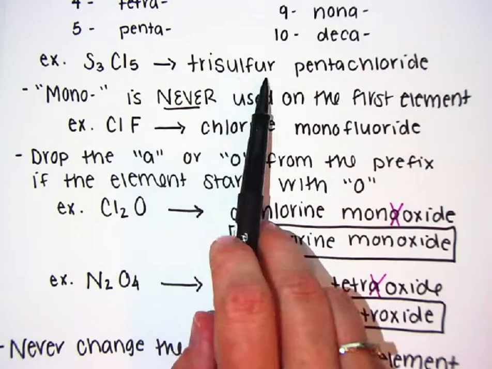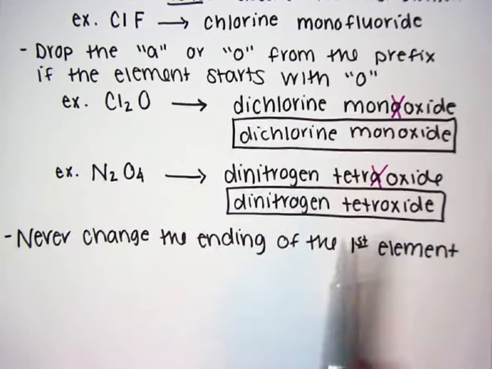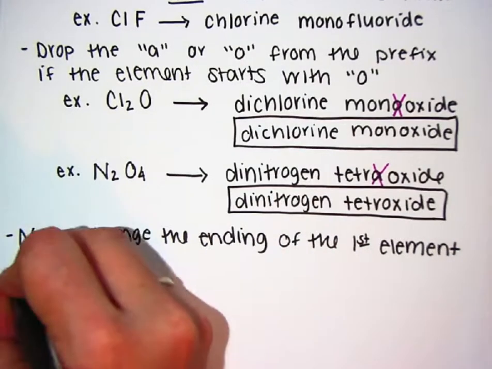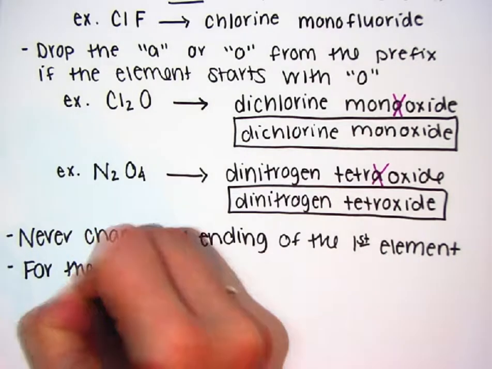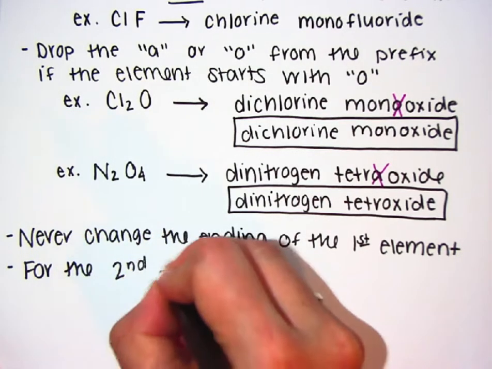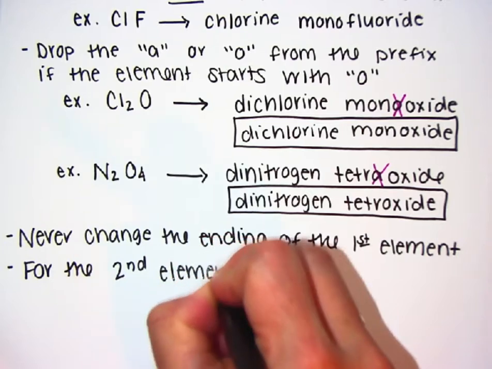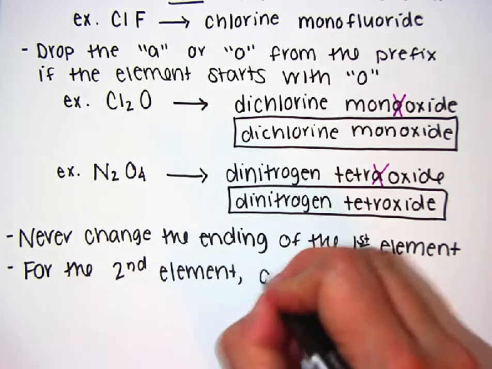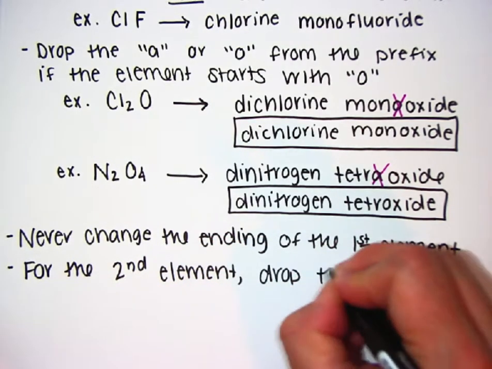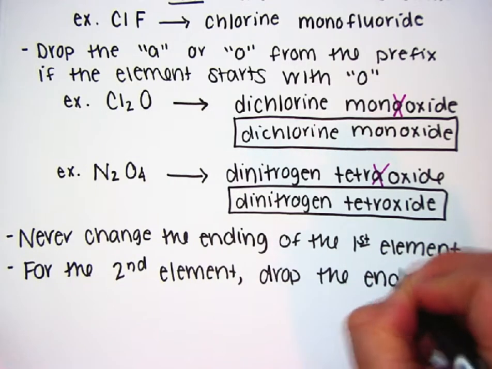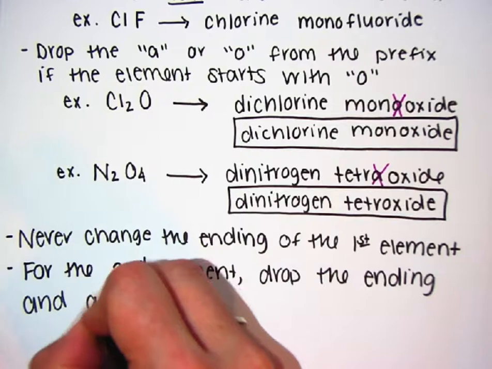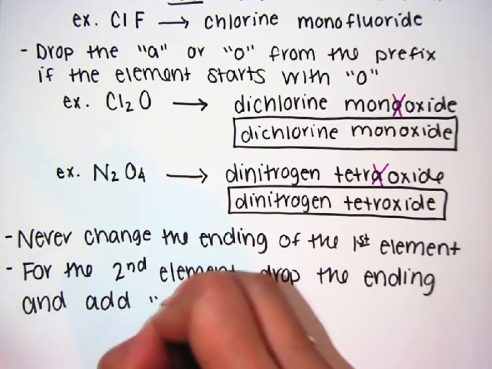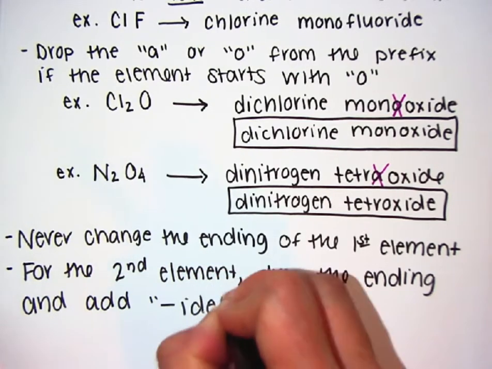This is sulfur, not sulfide. Do not add IDE on the first element, only for the second element. For the second element, we are going to drop the ending and add IDE.